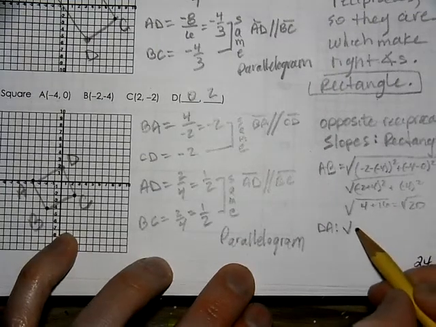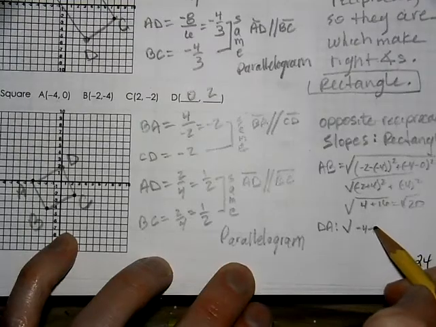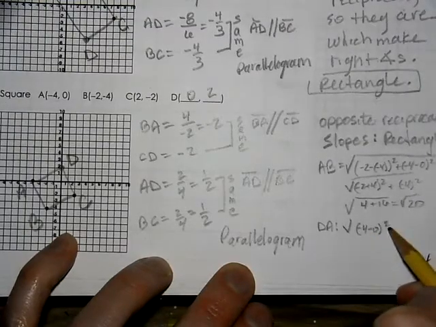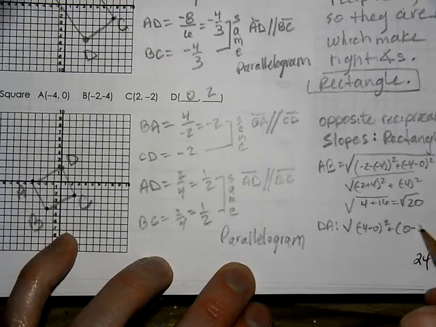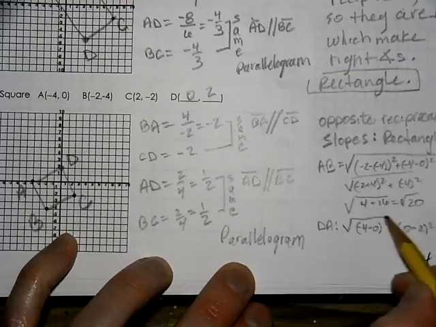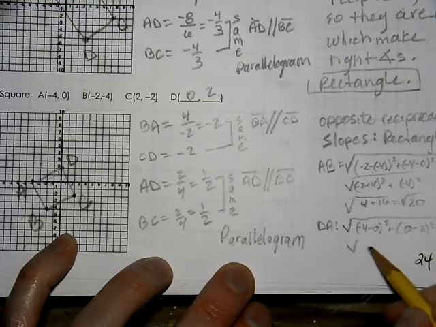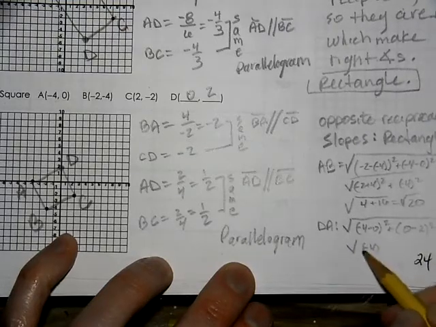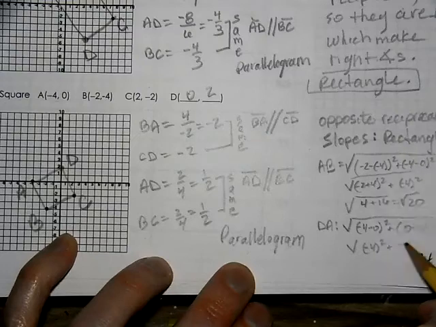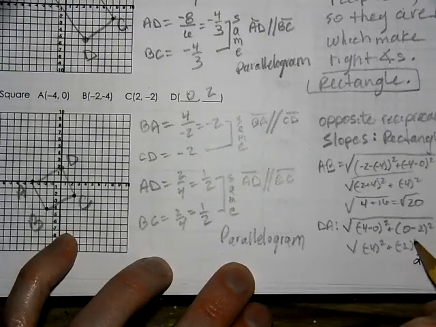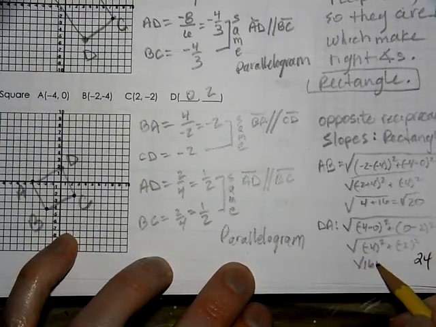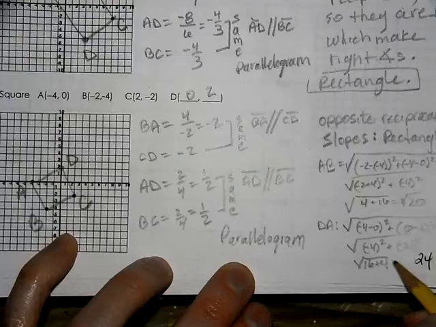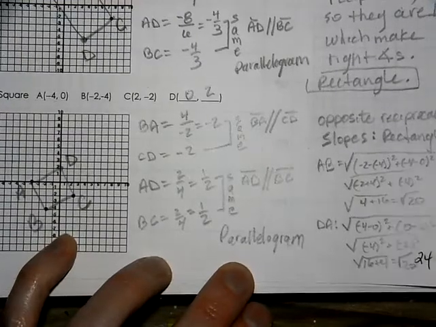So my x's are negative 4 minus 0 squared and 0 minus 2 squared. Negative 4 squared and negative 2 squared. (16 plus 4), that's the square root of 20.